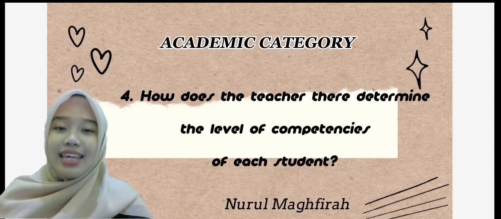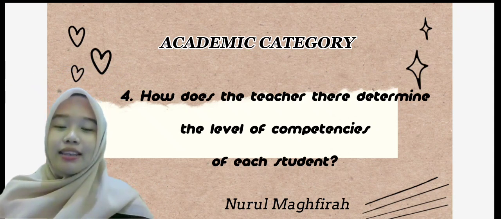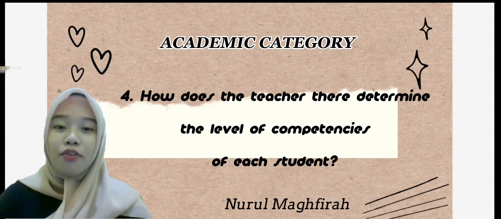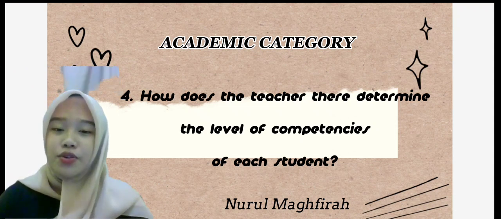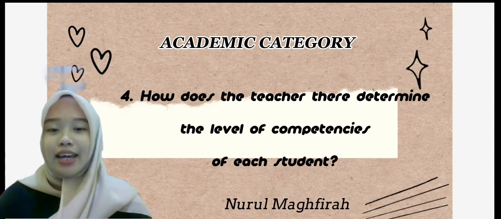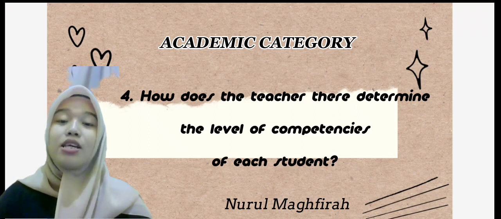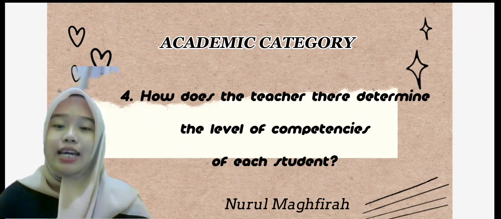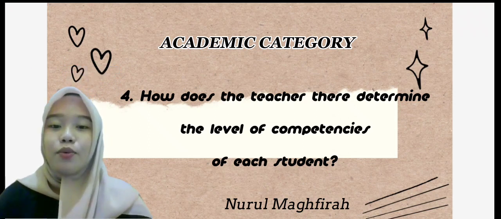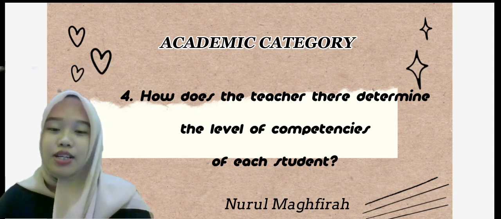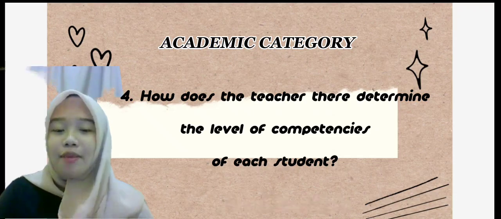Because of these three things is a test to find out or determine the level of competencies of students in their academics. Well, we ask this question because we want to find out if there are other ways besides these three things to test students' competency abilities.